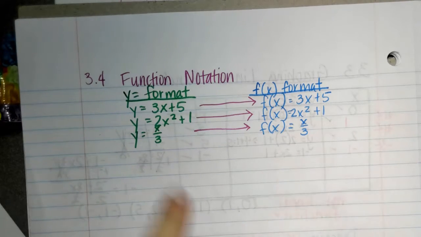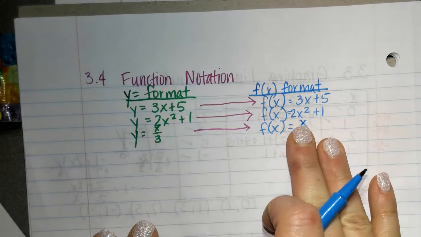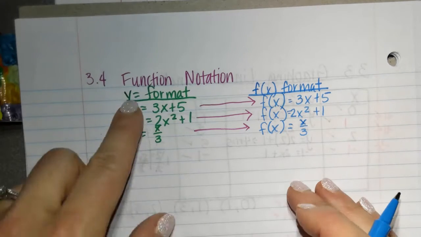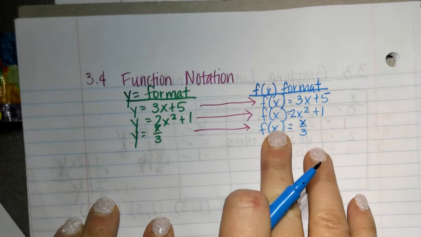What can you see is the only difference? All this side of the equal sign is the same. The only difference is you have your y's, and instead of y's over here, it's f of x.